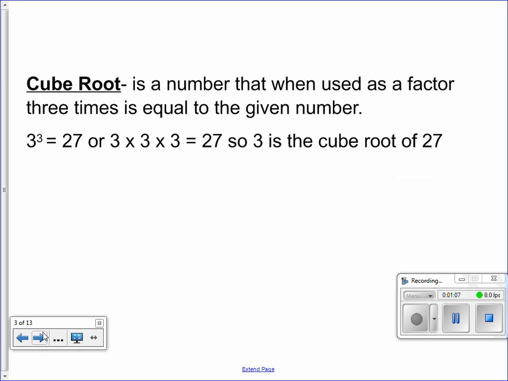A cube root is a number that when used as a factor 3 times is equal to the given number. So we just said 3 cubed is 27, or 3 times 3 times 3 is 27. So 3 is the cube root of 27.